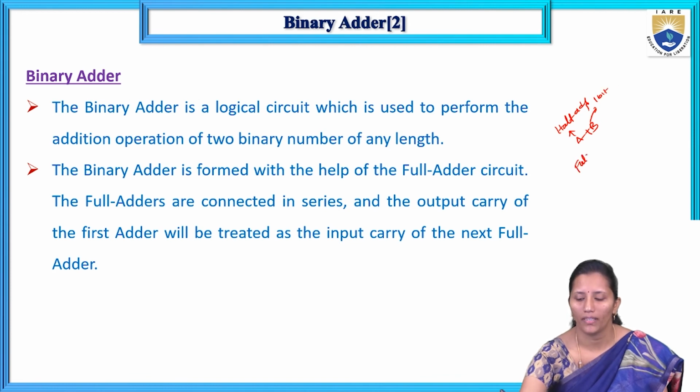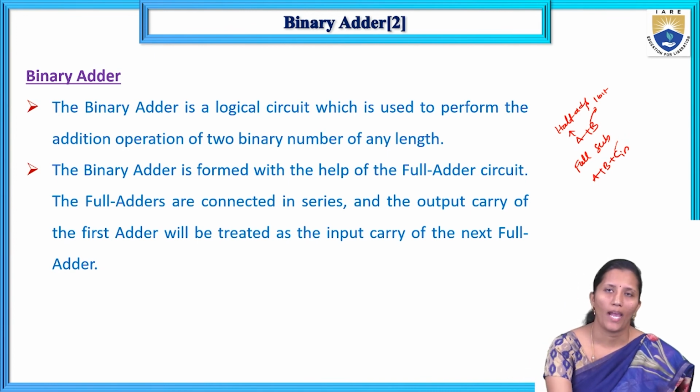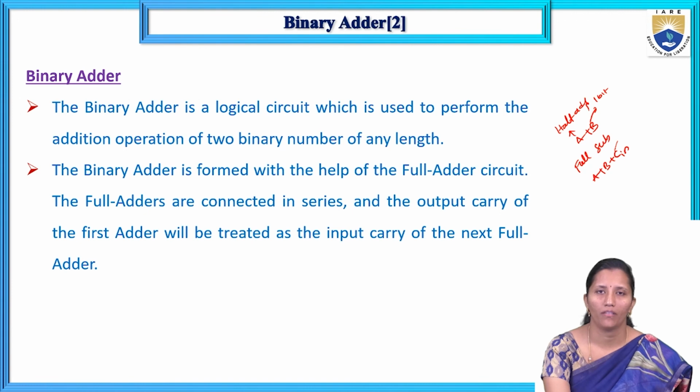For the full adder, A plus B plus C, all represent 1-bit binary numbers. But for the binary adder, if you are to add two binary numbers of any length, we will use the binary adder. This is also called a ripple carry adder.